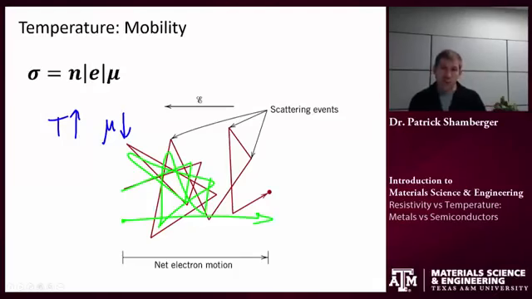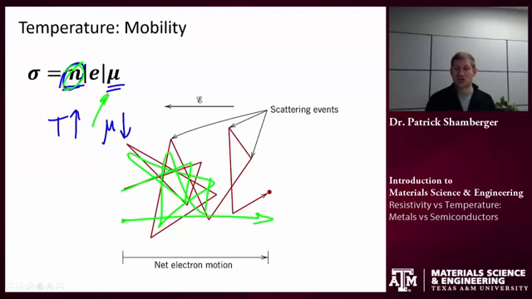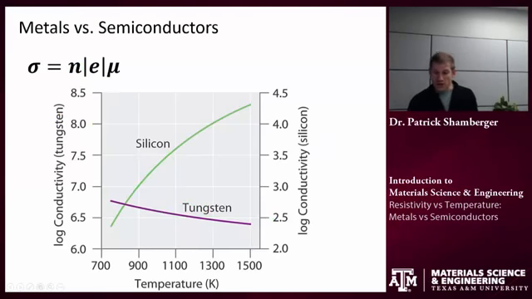This is going to affect both metals and semiconductors. Although remember, semiconductors are carrier starved, and their conductivity is not as dependent on mobility terms. In the other case, the metals have plenty of carriers. Their conductivity is more a function of changes in mobility. So what that means is that we have opposite effects in metals and in semiconductors. So in silicon, the conductivity will increase.